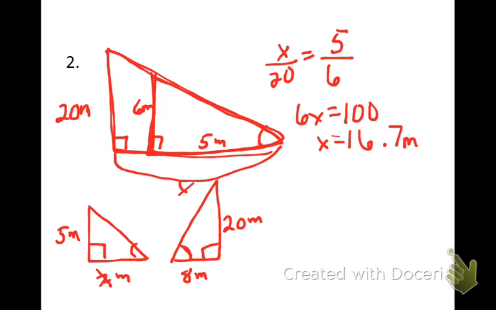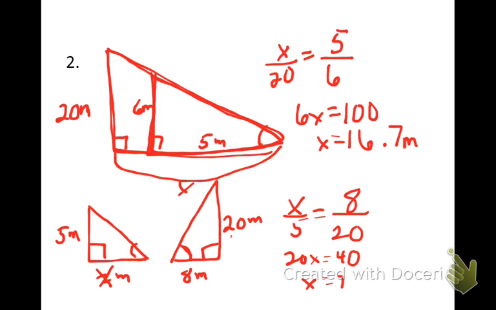I already gave you the answer, but so we put x over 5. The part I wanted you to get here is what do we need to do to these triangles? Well, we flip this triangle over to make it correspond, so that the 8 does correspond with the x and the 20 corresponds here. And then when you do your cross product, you get 20x equals 40, and you do get x equals 2 meters. So sometimes you might either need to rotate it or turn it or flip it or whatever.